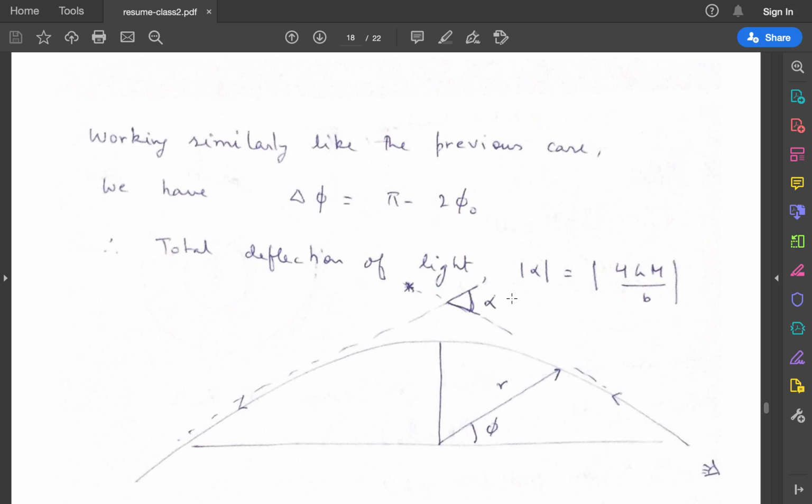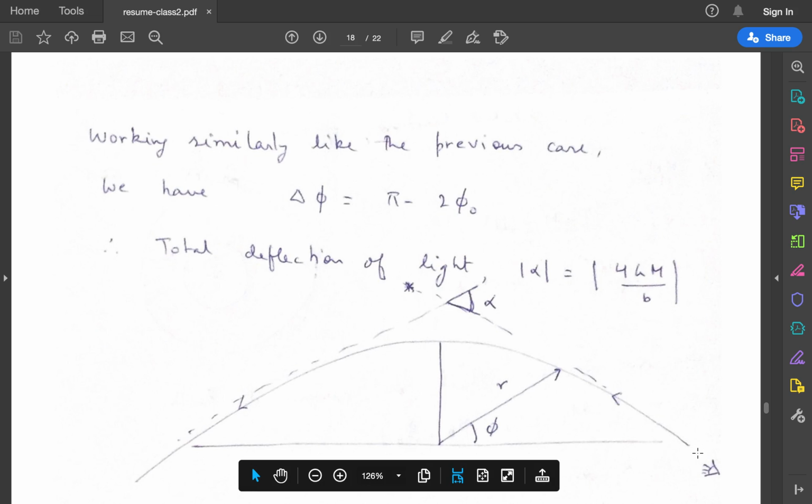So the total deflection of light is alpha, which is given by 4Gm by b. b is the closest distance of approach. What this tells us is that the path of light gets bent when it passes near a massive object. Here is phi and here is r, and this is the deflection.